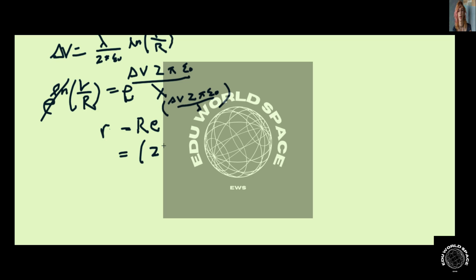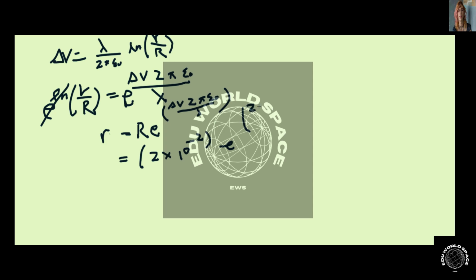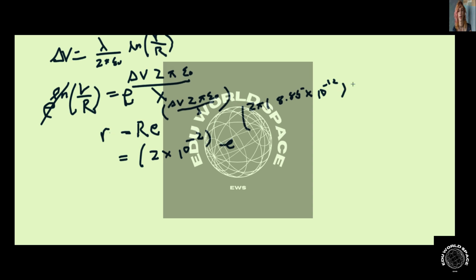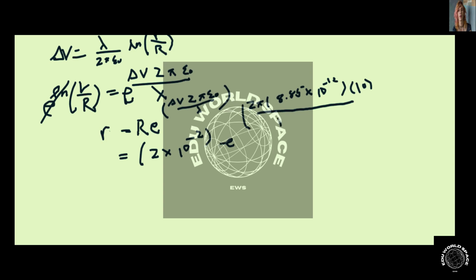We're given that the radius of the cylinder is 2 times 10 to the negative 2, to put it into SI units, times e to the power of 2 pi times 8.85 times 10 to the negative 12, which is Coulomb squared over Newton meter squared, times 10 volts, over lambda, which is just 1.5 times 10 to the negative 9 coulombs per meter.